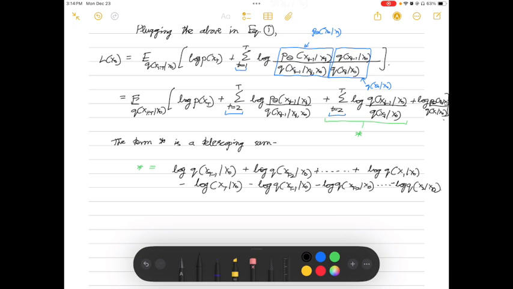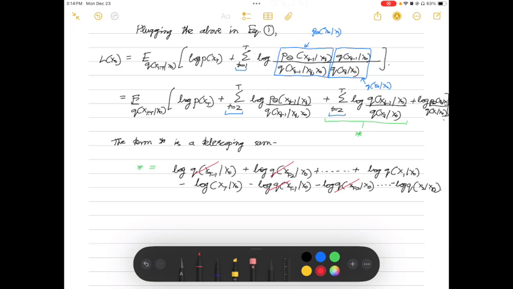So you can already see that some of the terms are overlapping and cancelling each other out. For example, log q of x_{t-1} given x naught is cancelled by the negative log q of x_{t-1} given x naught. Similarly, log q of x_{t-2} given x naught is cancelled by negative log q of x_{t-2} given x naught, and so on and so forth.